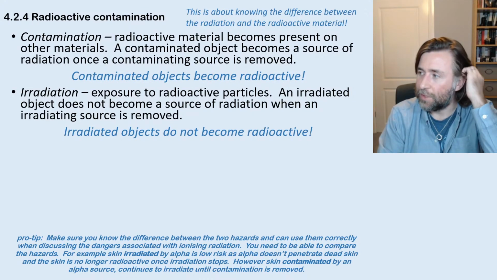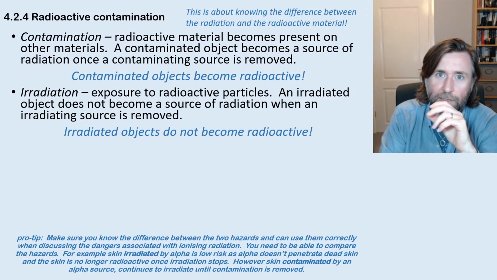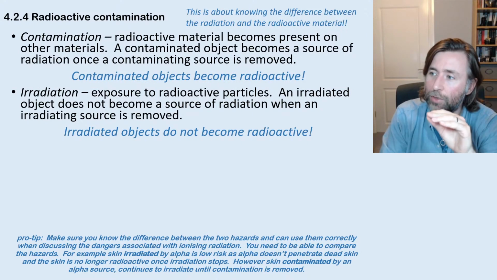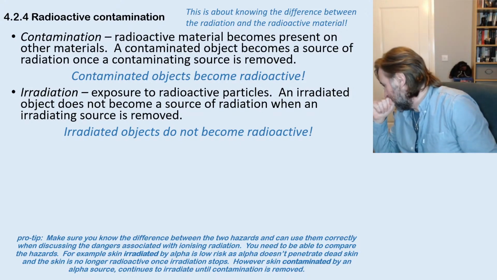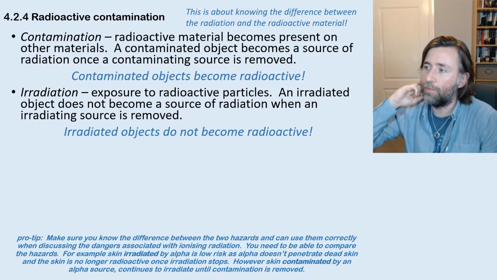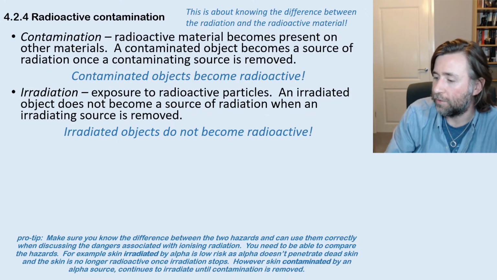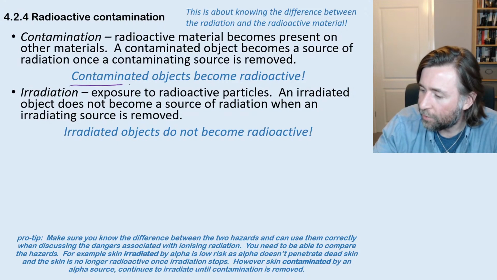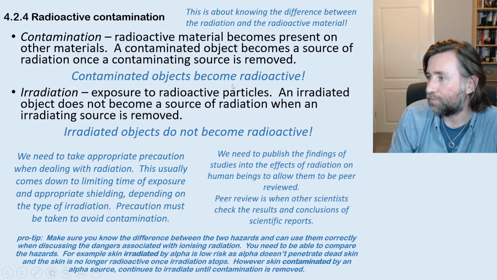Whereas an irradiated material, if I irradiate something, it's being bombarded by the alpha, beta and gamma. So we say it's been exposed to radioactive particles. However, it does not become a source when you remove the irradiating source. So the important thing to remember is contaminated objects become radioactive, irradiated objects do not become radioactive. They do not become a source.